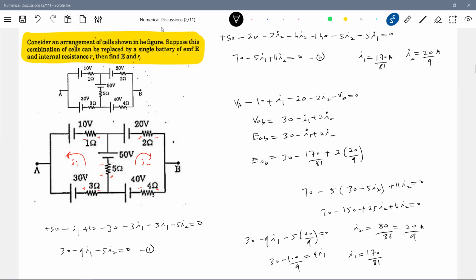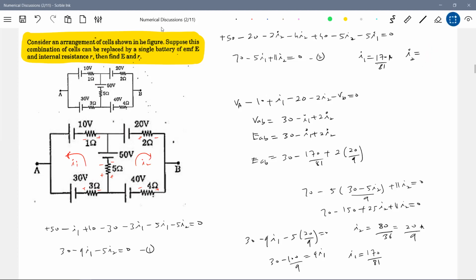What about I2? We are getting some different values. Not 20 by 9, sir. You made a mistake in that substitution, sir. That is 70 minus 5 by 9 into 30 minus 5 I2, sir. Oh, yeah. We'll get I2 is equal to minus 210 by 124.